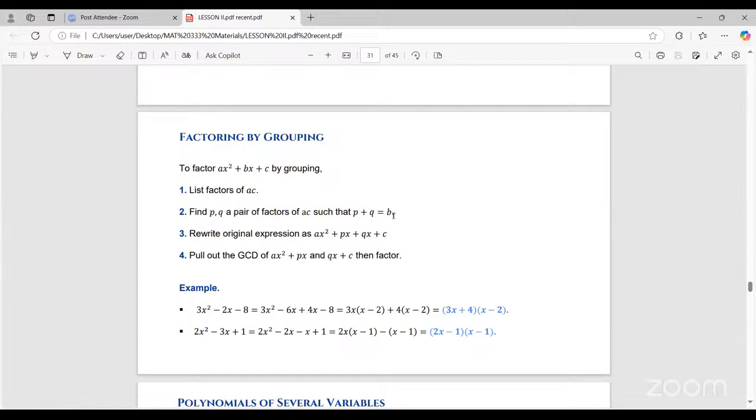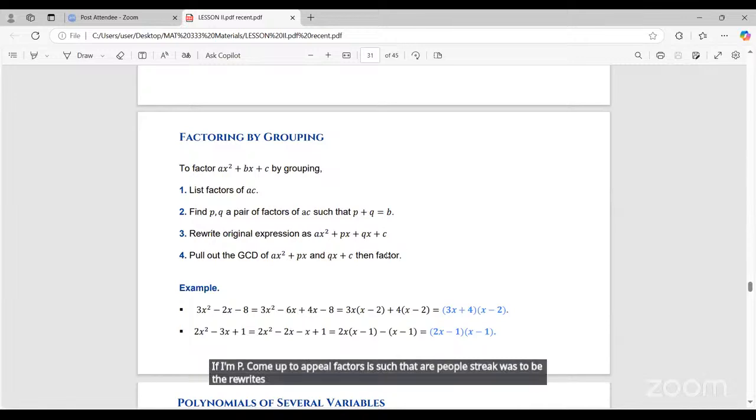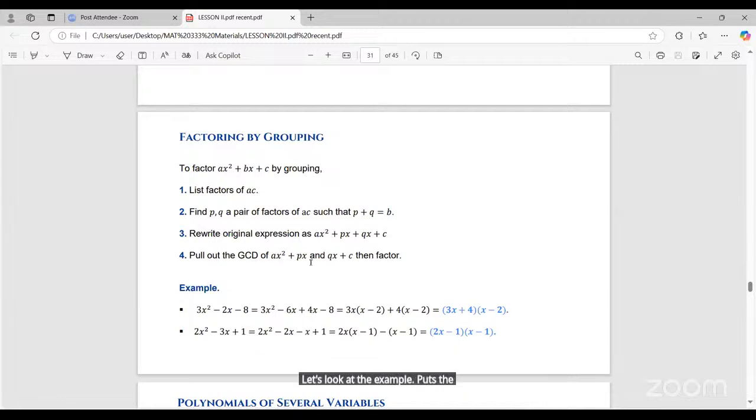I have ax squared plus bx plus c, and I want to factorize. I'm going to check the factors of ac, then find p and q such that p plus q equals b. Then rewrite the original expression. Let's look at the example. Take out the GCD of each pair, then factor.